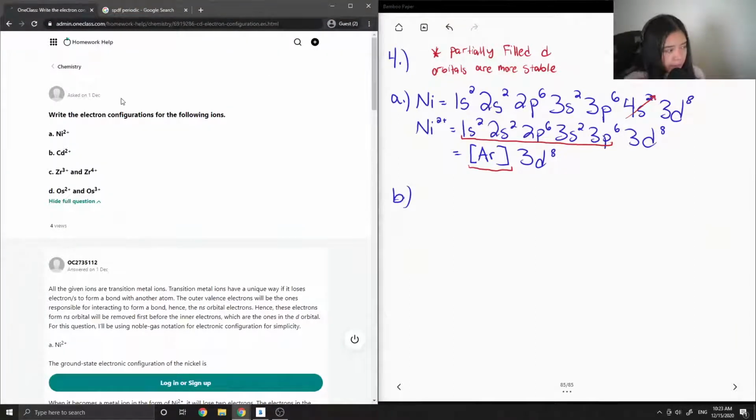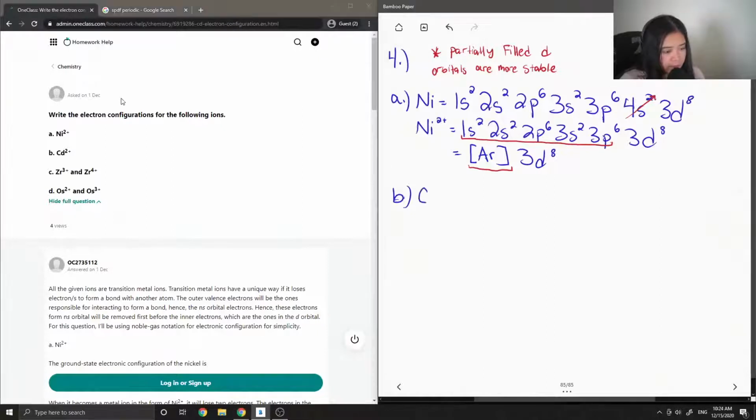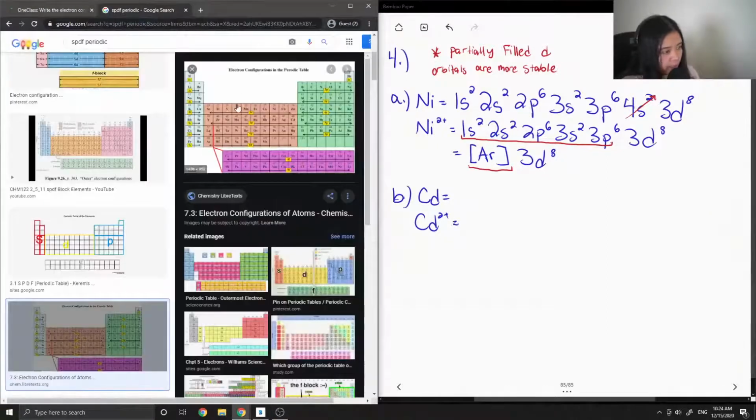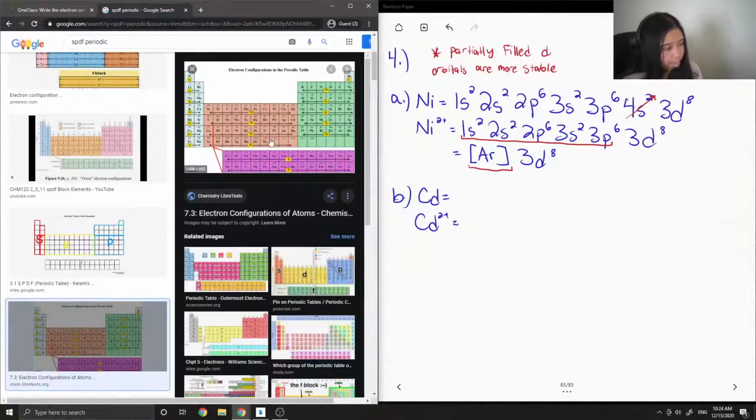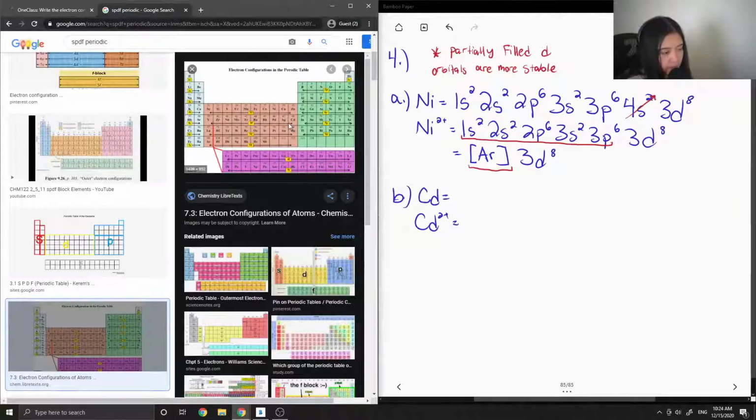Next, we look at cadmium 2+. So again, let's just write down the electron configuration of neutral cadmium. So cadmium is found here, atomic number 48. So first I'm just going to write the noble gas that comes before it. In this case, it's krypton.